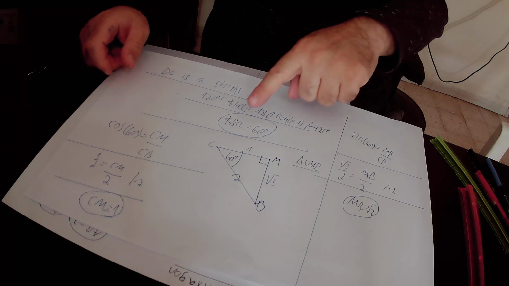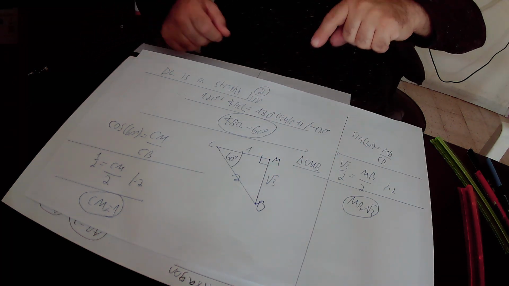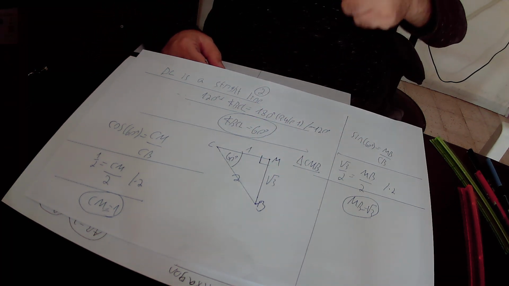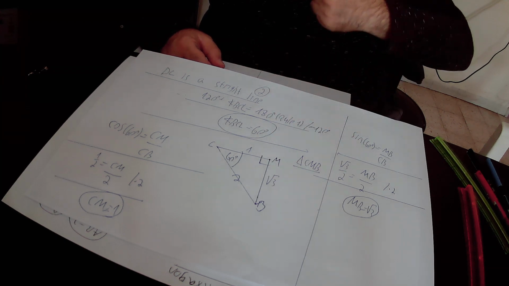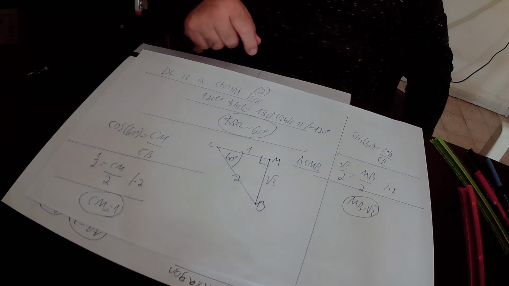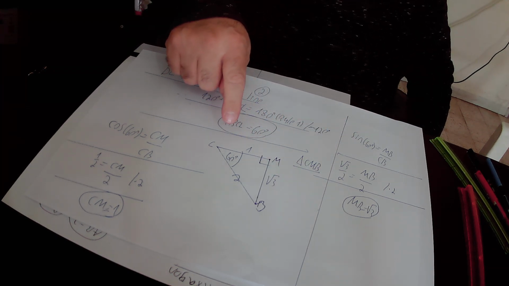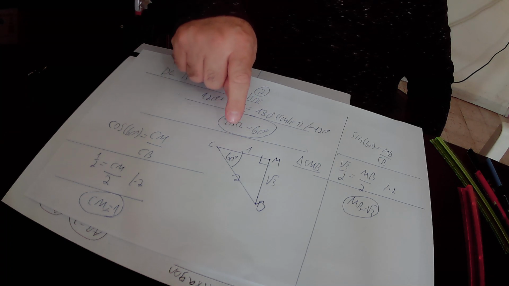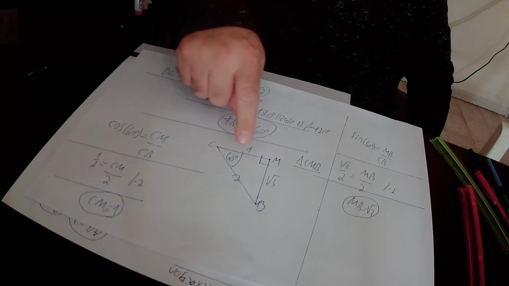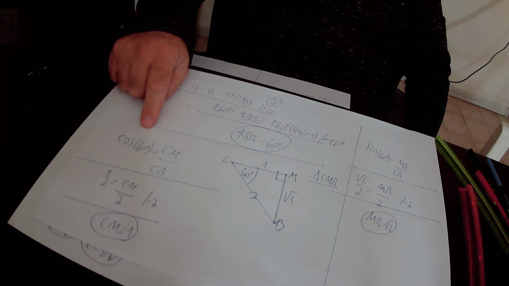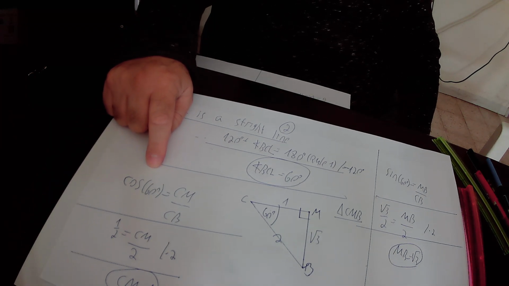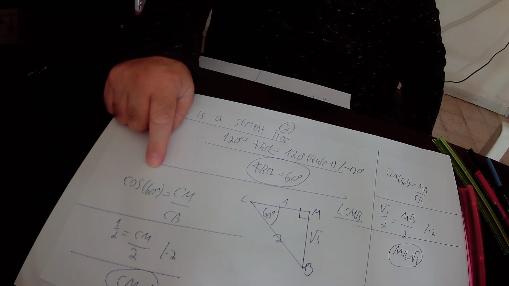This is the right triangle CMB that I copied from the original drawing. This angle equals 60 degrees according to rule number 1, and this angle equals 90 degrees according to our construction. In this triangle, we know that cosine 60 degrees equals CM over CB.